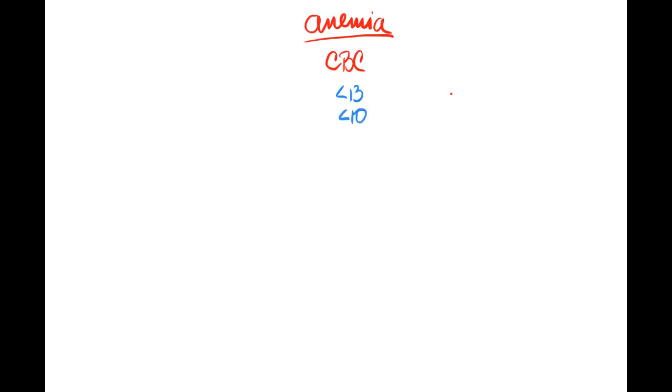Now, we need to see inside the CBC the number of MCV, the mean corpuscular volume. The normal level of the mean corpuscular volume is between 80 to 100.